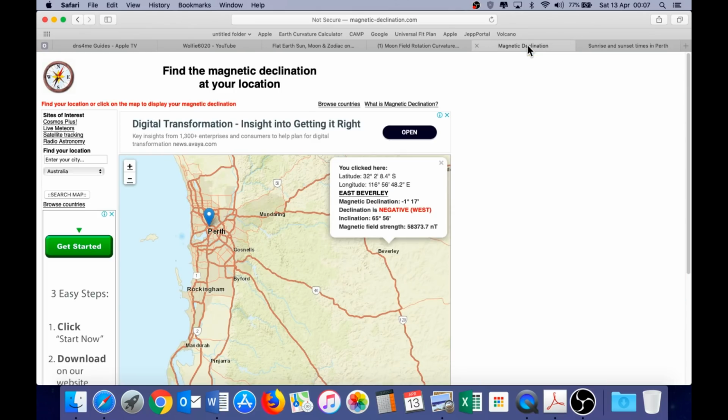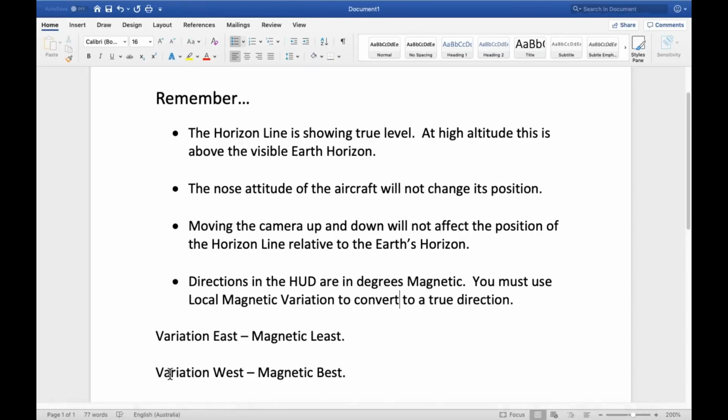Now, at the point where I took this photograph, we were still east of Perth on descent, and the magnetic declination in this location is -1 degree 17 minutes. So it's slightly more than 1 degree west variation. Remember, variation west, magnetic best.